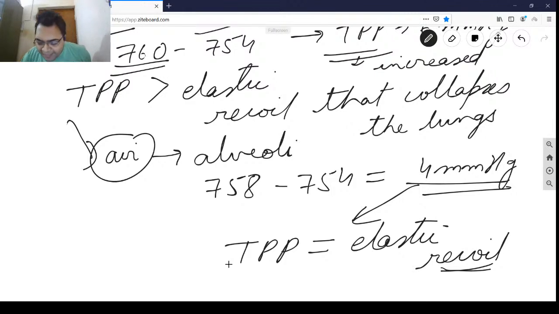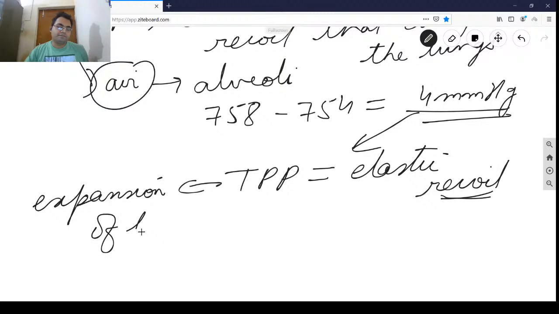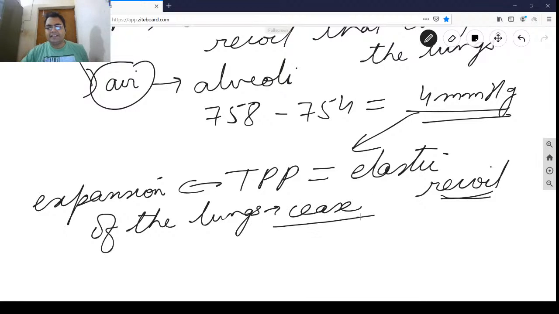So now the expansion of the lungs would cease. When expansion ceases, we stop the inhalation process and go for exhalation, with relaxation of the muscles and again contraction.